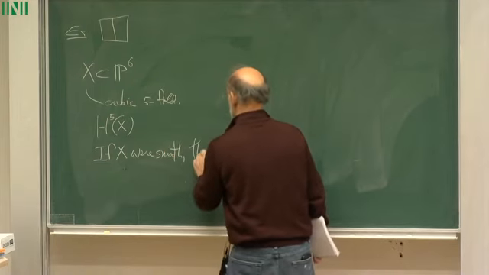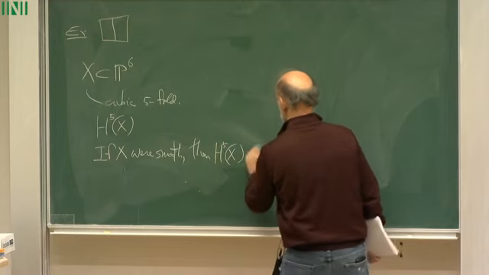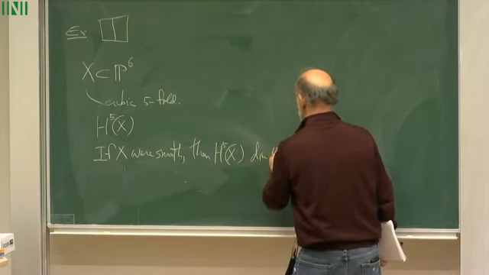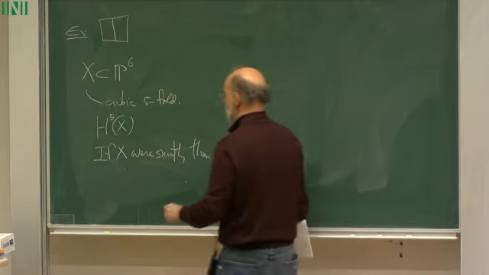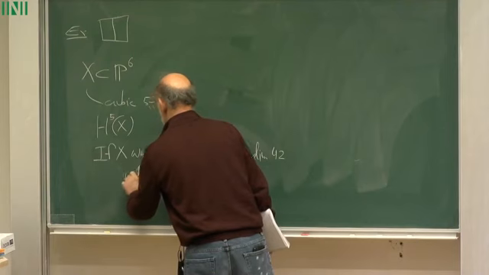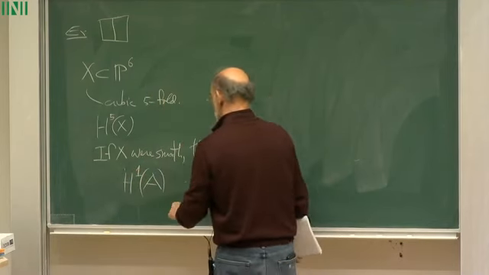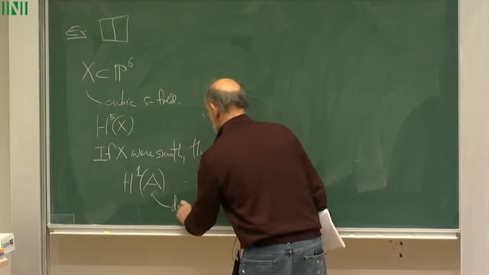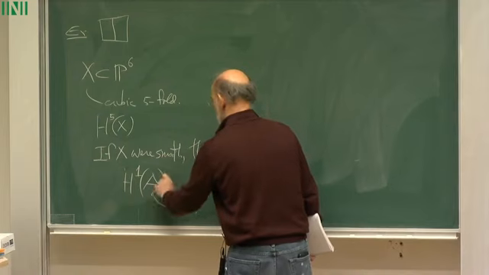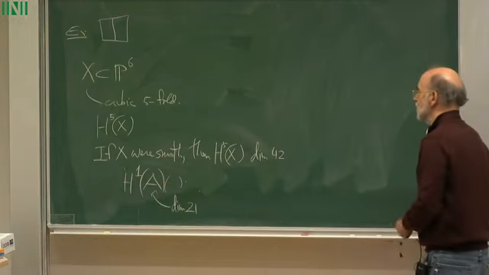then h5 of X would have dimension 42. And in fact, it would be the h1 of an abelian variety where this has dimension 21, and always with some twist, if you know about Hodge structures.